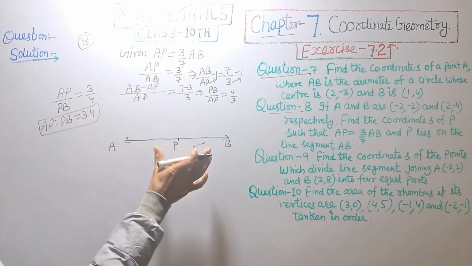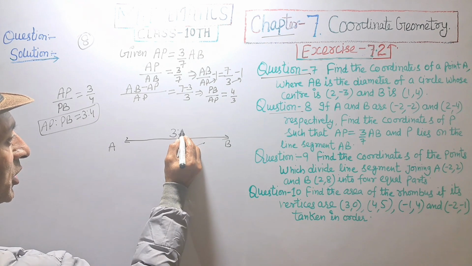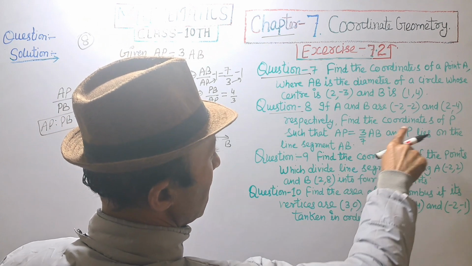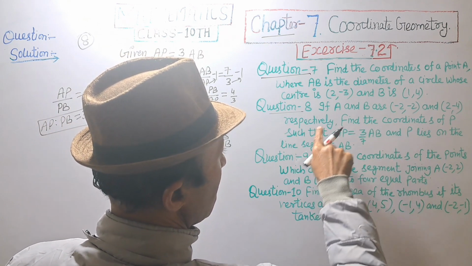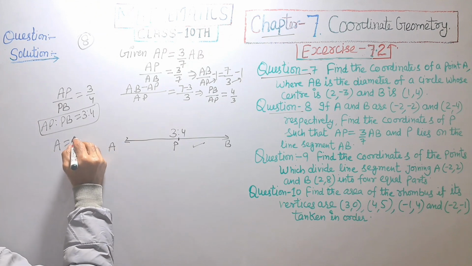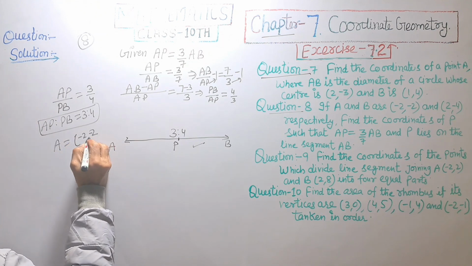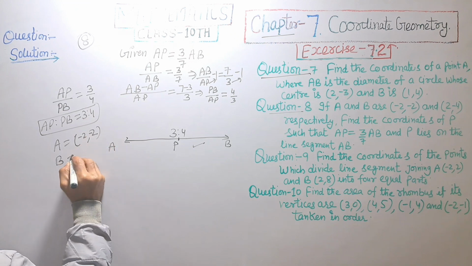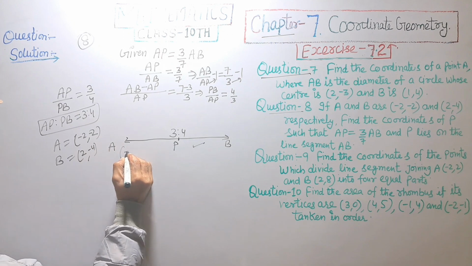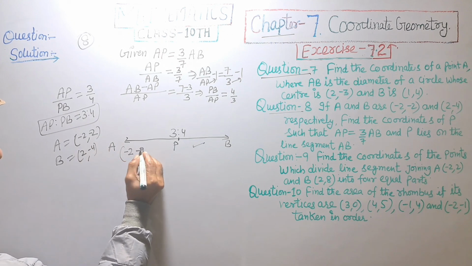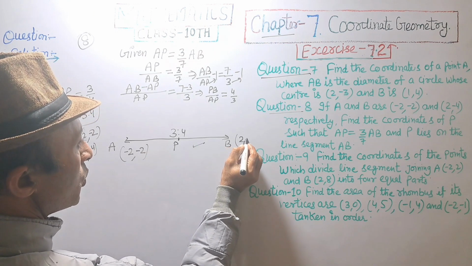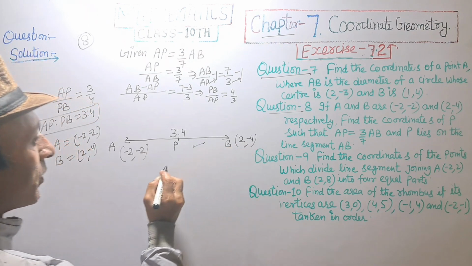We find the ratio of AB, that is 3/4, and given A is -2, -2 and B point is equal to (2, -4).